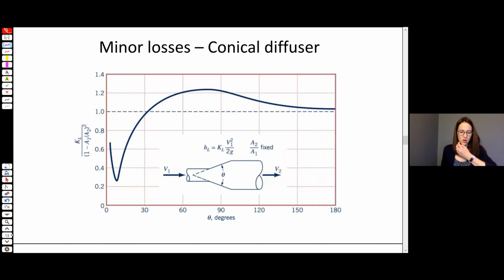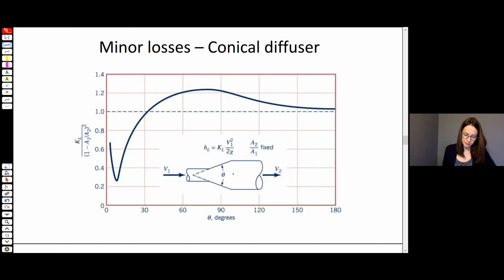Well, what if we have a conical diffuser, right? So you've got a nice circular pipe, and then it becomes a larger diameter, but not suddenly. It just increases in radius in an axisymmetric way. And the increase happens over such a length that it makes this angle theta, okay?